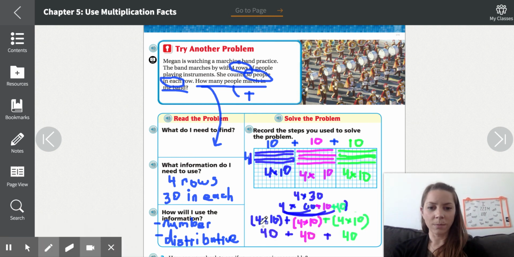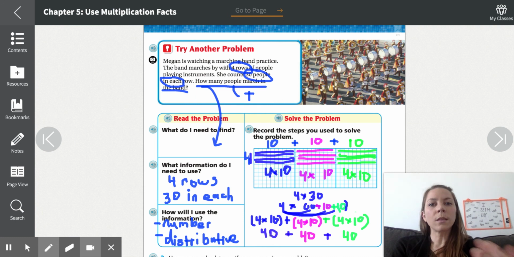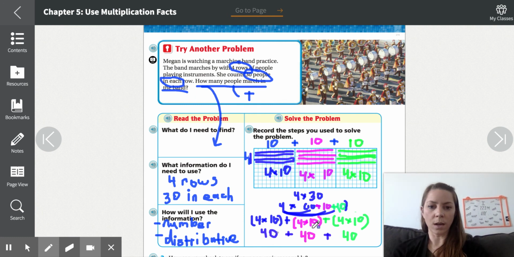Okay, so I took some time to write out each of those multiplication problems down here so you can see how it goes from this row to then showing all the multiplications of the 4 times 10, 4 times 10, 4 times 10. And now we can do 4 times 10 so easily in our head. 4 times 10 is 40, and it's the same thing each time. So 40 plus 40 plus 40. Now I might want to do that on the side.